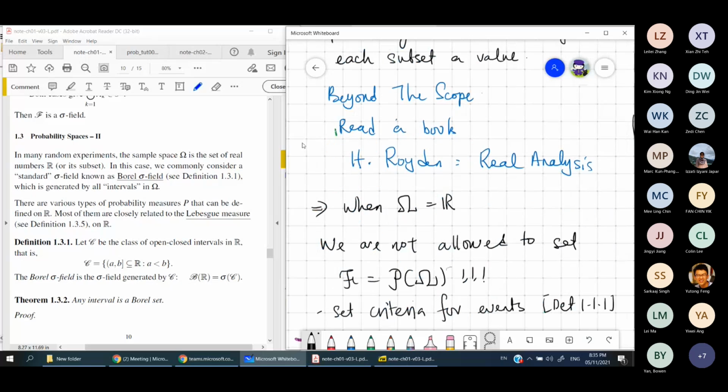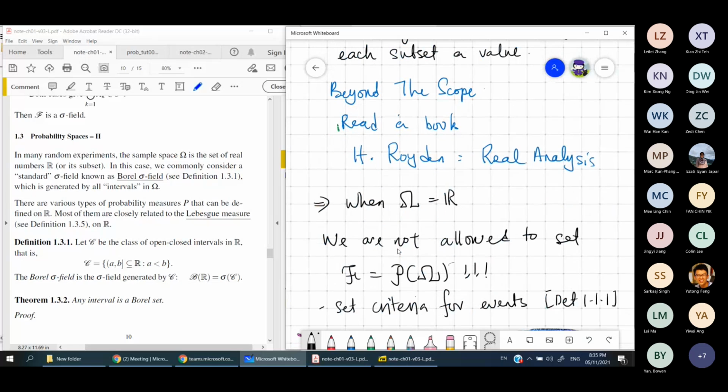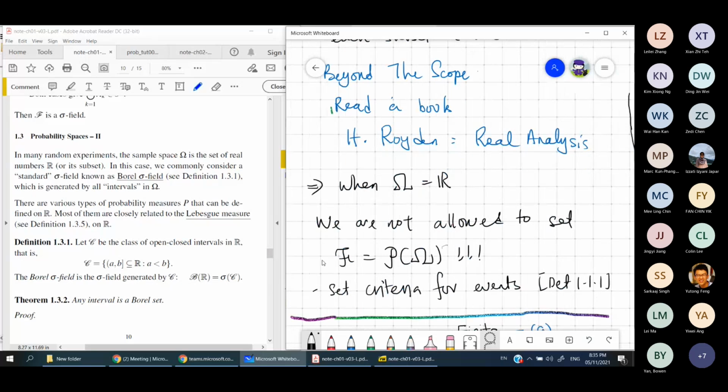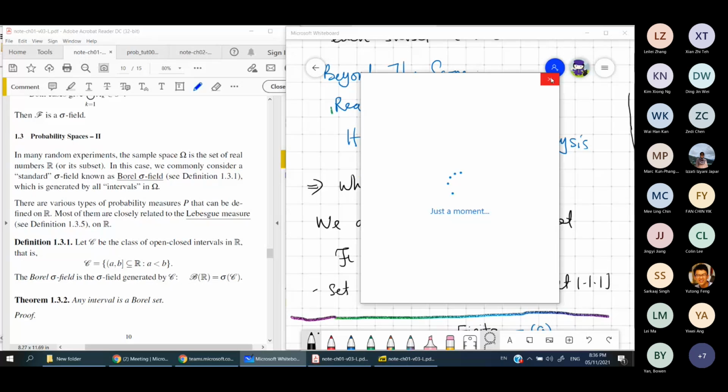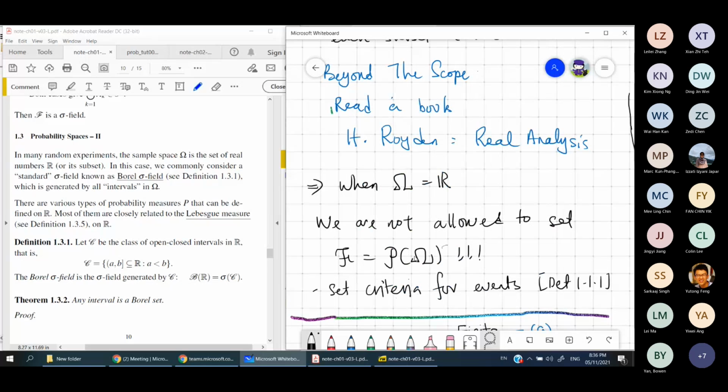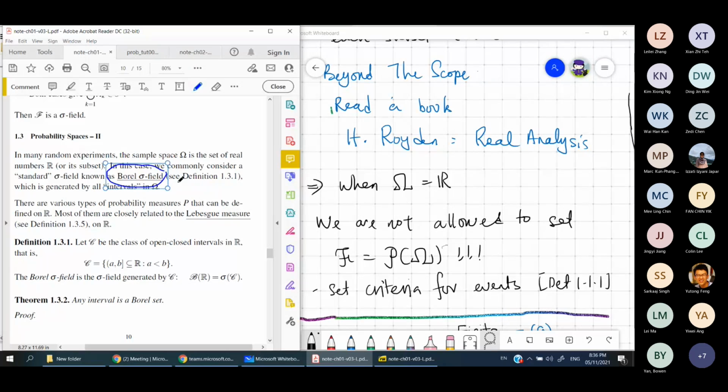So when Ω is R, we are not allowed to set F to be P(Ω). So we have to find another sigma field that we can use to replace this power set. The best candidate will be the so-called Borel sigma field. I think I better use another picture.